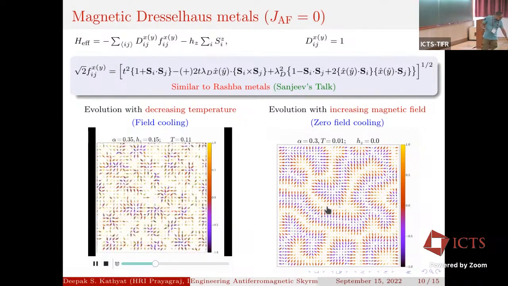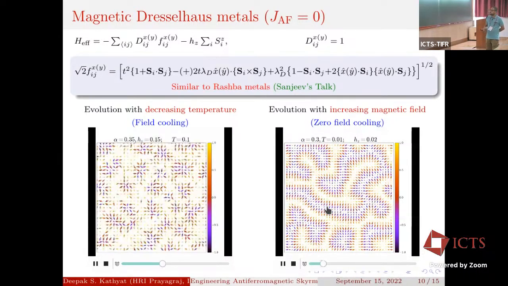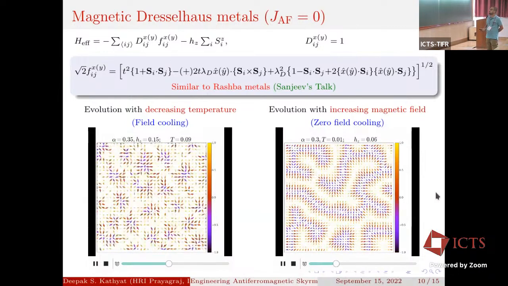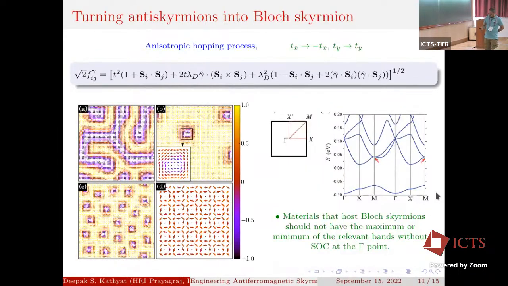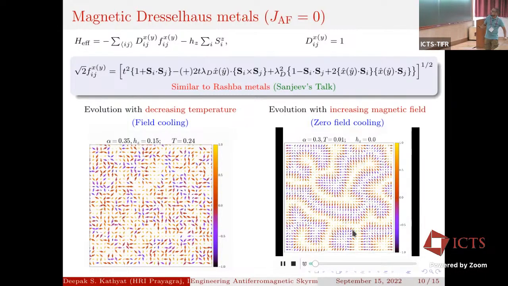Now we start increasing the Zeeman field, and we can see that skyrmions form around the nucleation centers of these domain walls.